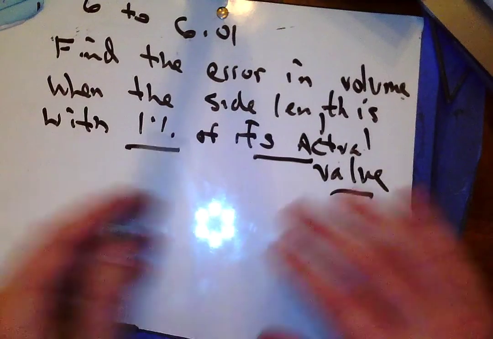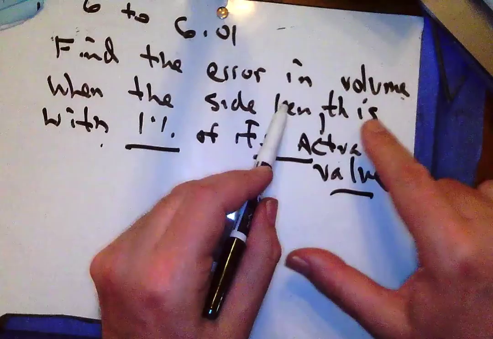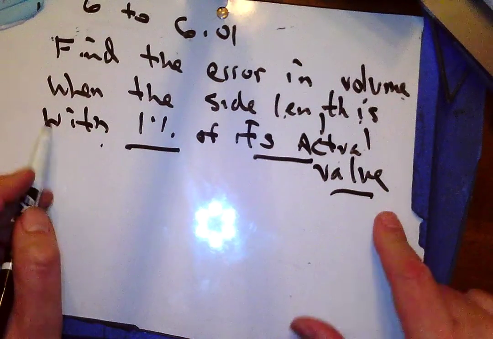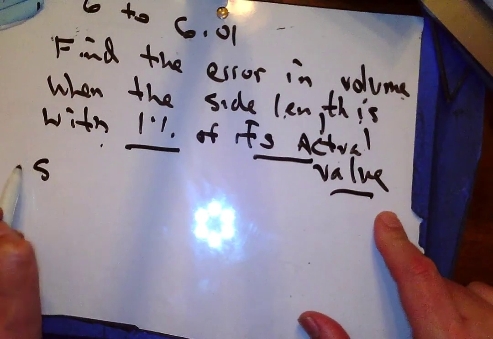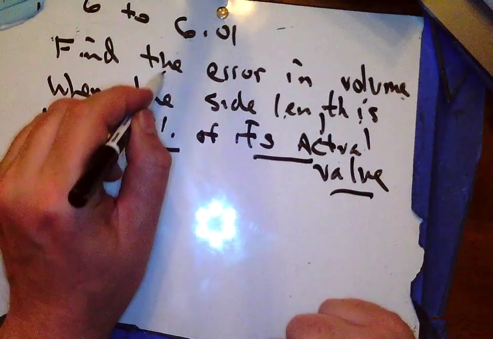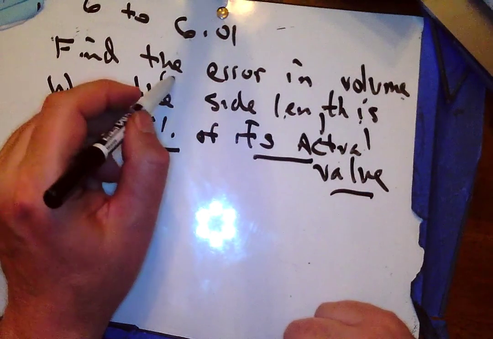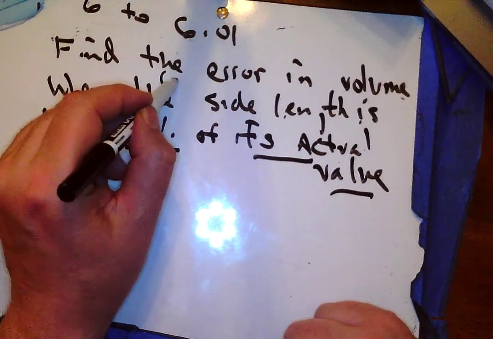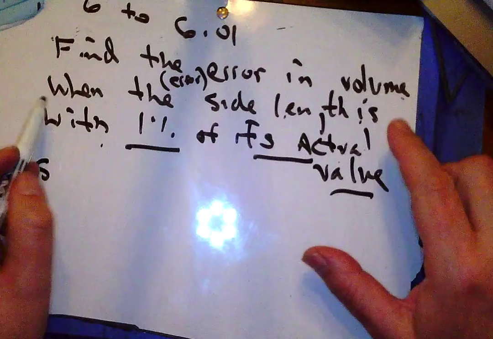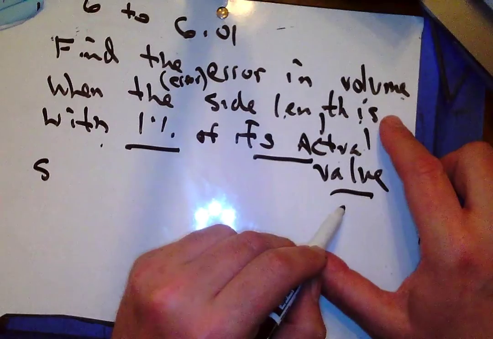What is this referring to? Side length is within 1% of its actual value. And it's not the side length. It's actually a little sort of hidden parenthetical. It's the error or change in side length that is within 1% of its actual value.